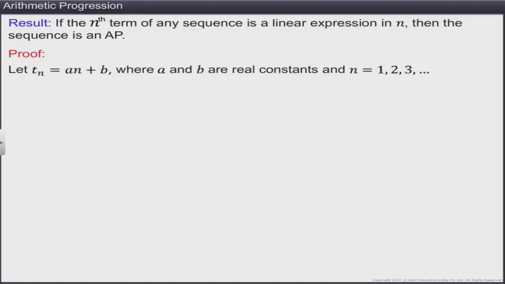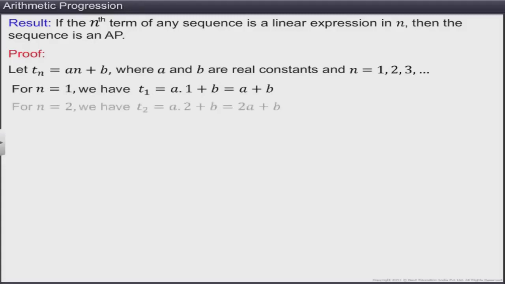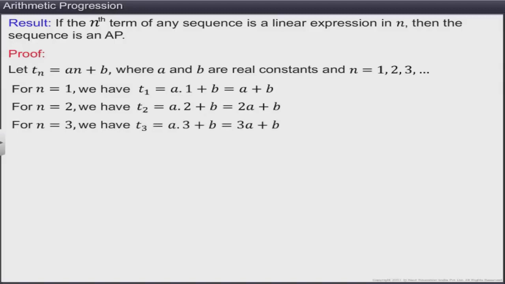For n equal to 1, the first term is a plus b. For n equal to 2, the second term is 2a plus b. For n equal to 3, the third term is 3a plus b. Similarly, the (n minus 1)th term is equal to a into (n minus 1) plus b.